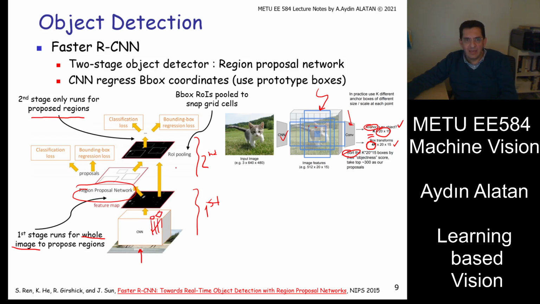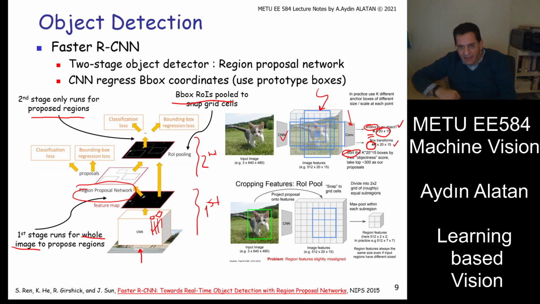And the concept is you need a bounding box region of interest pooled by these grid cells. And we have to snap them. In other words, we have to make a tight bounding box in such a way that, since this is our 20 by 15 output layer, all of them have some features inside.